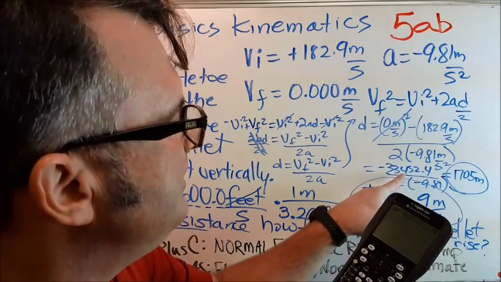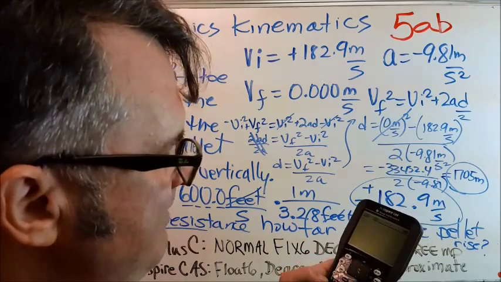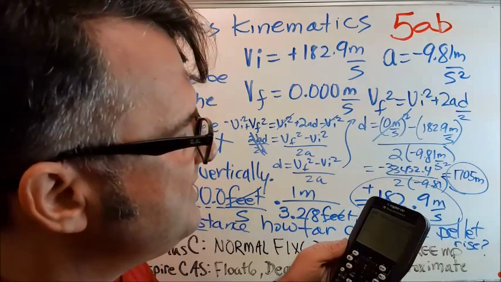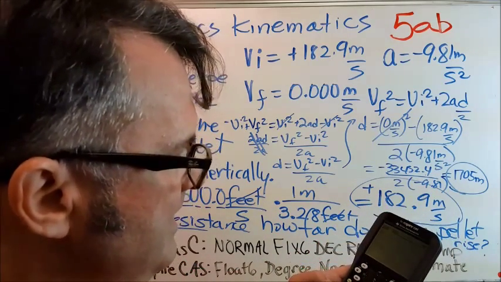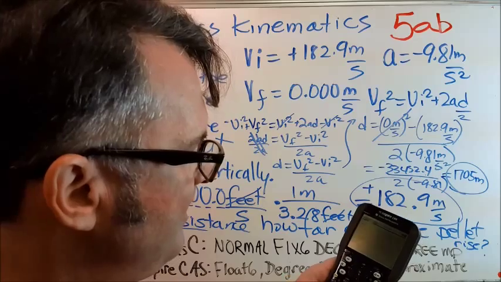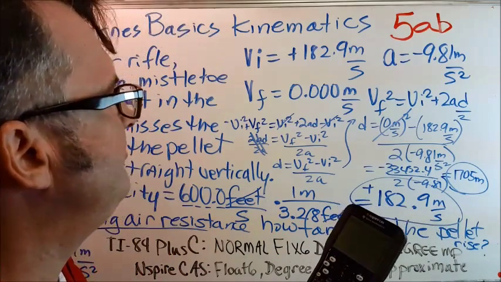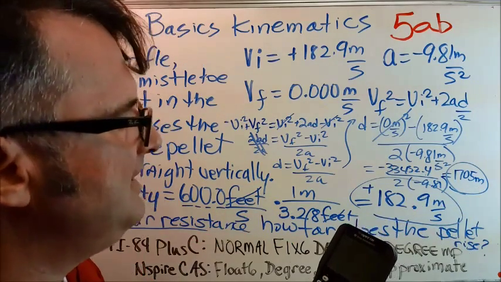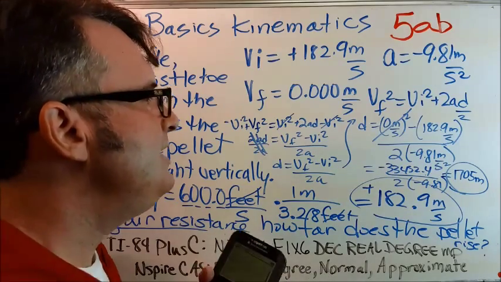I get negative 33,452.4. Perfect. Divided by 2 and hit enter. I get negative 16,726 divided by negative 9.81, enter, and I get 1705.2. Now I had 4 sig figs here. I have 4 sig figs in my answer. Everything is groovy. Everything is cool.